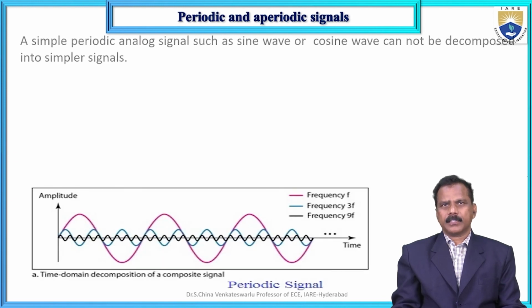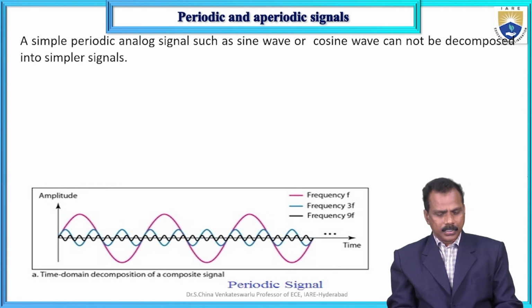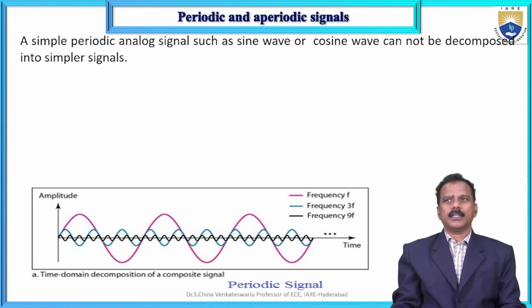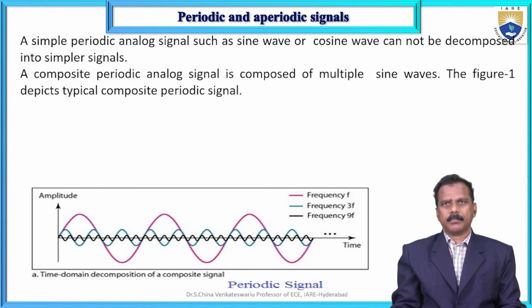Next, we should consider the time domain decomposition of the composite signal. A simple periodic analog signal such as a sine wave or cosine wave cannot be decomposed into simpler signals, whereas the composite periodic analog signal is composed of multiple sine waves.